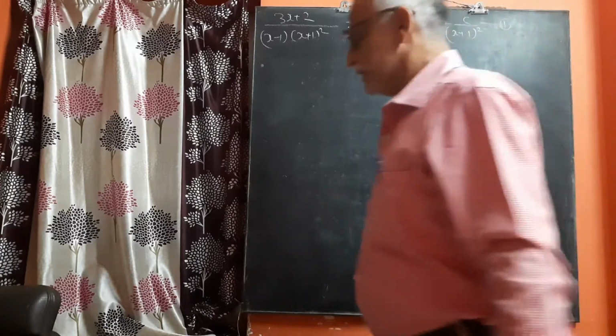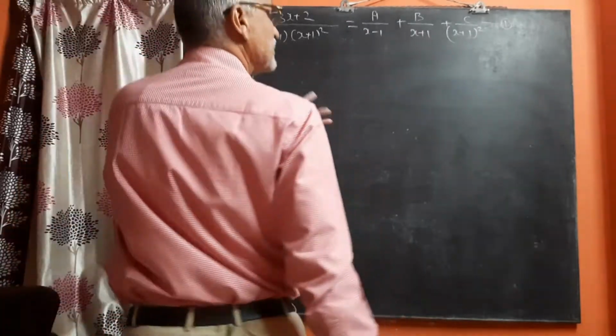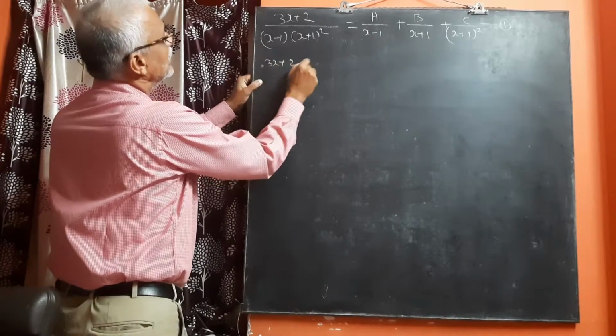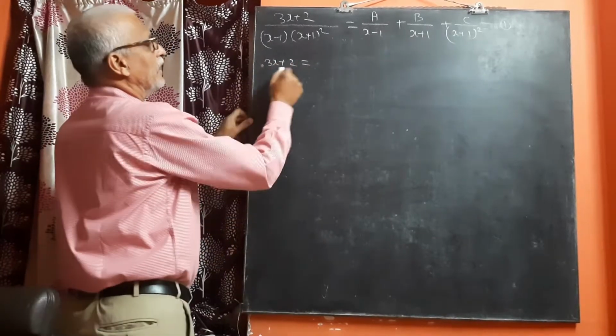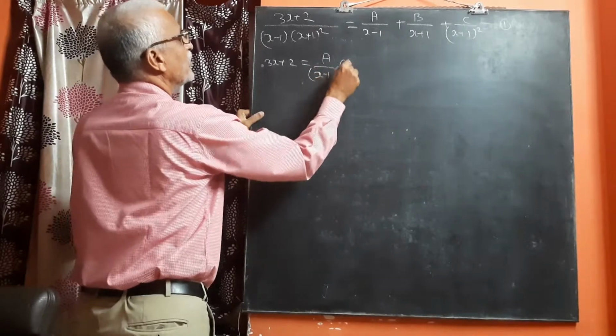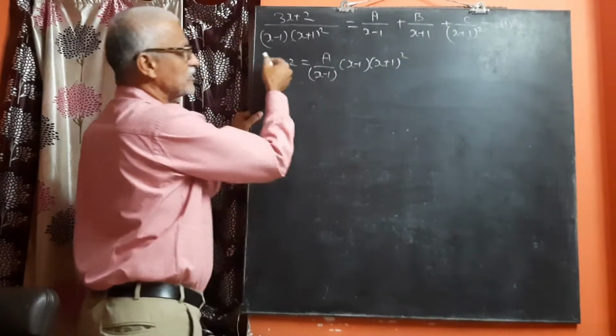The remaining is similar to the previous cases. Now here 3x plus 2 is equals to, by cross multiplication, this whole term goes there.